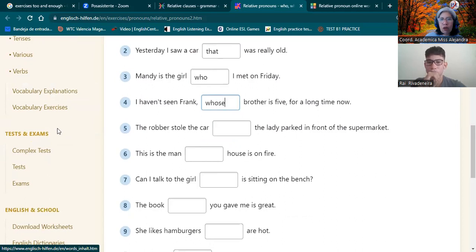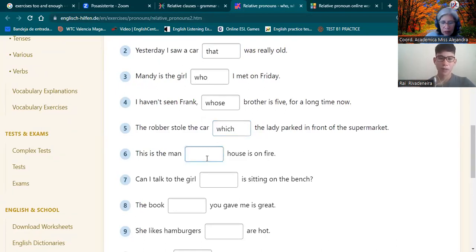The robber stole the car which the lady parked in front of the supermarket. Which? The lady. This is the man whose house is on fire.